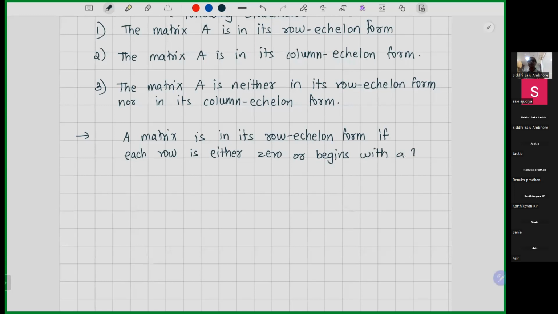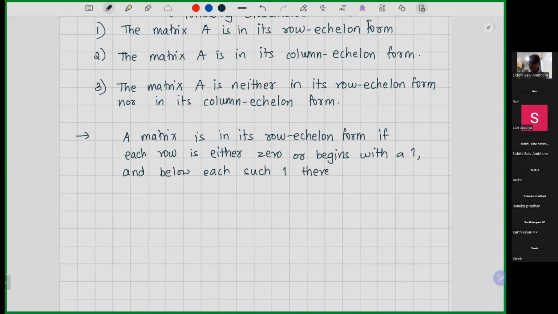So if it has a non-zero entry, it must start with 1. And once we have such a 1, below each such 1 there are only zeros. It means that all the entries below this 1 must be 0.